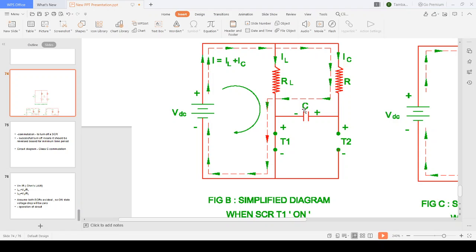Now what happens in this case? The charging current of capacitor C will be 0. The current IC, the charging current of this capacitor C, will be 0.